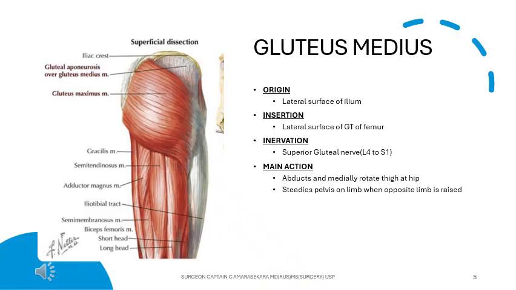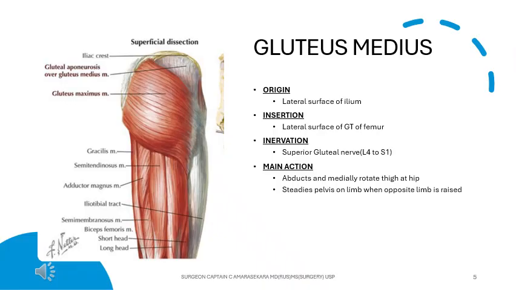This broad origin allows it to span the upper lateral pelvis. It inserts onto the lateral surface of the greater trochanter of the femur, a prominent bony landmark, easily visualized in imaging and palpated clinically.